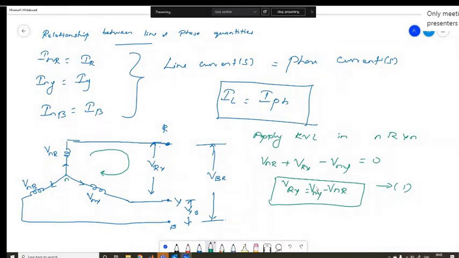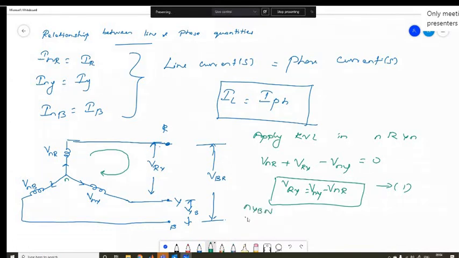In the same way, apply KVL in this particular loop, N, Y, B, N. Now what will you get?